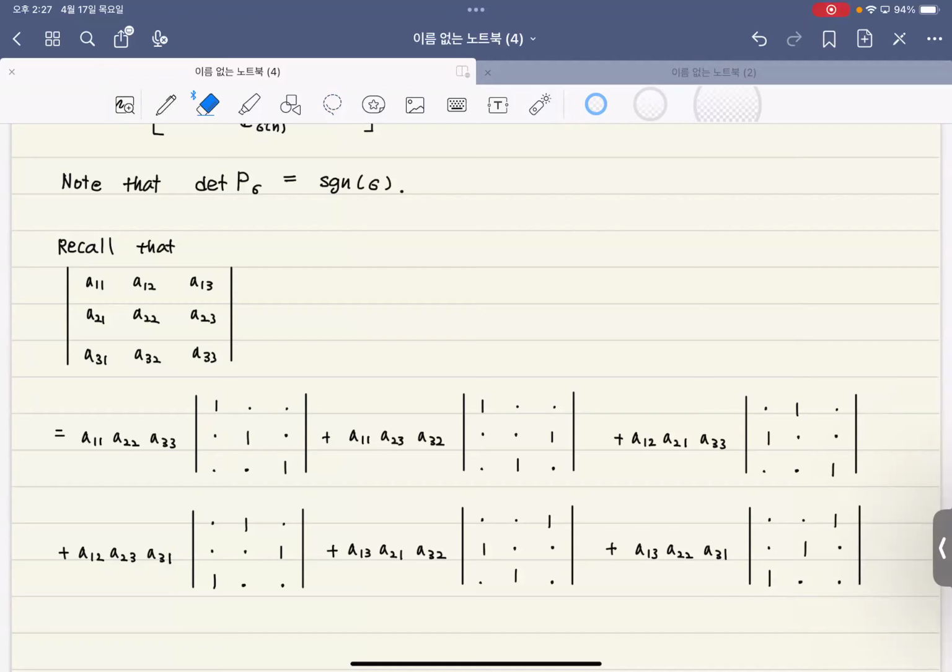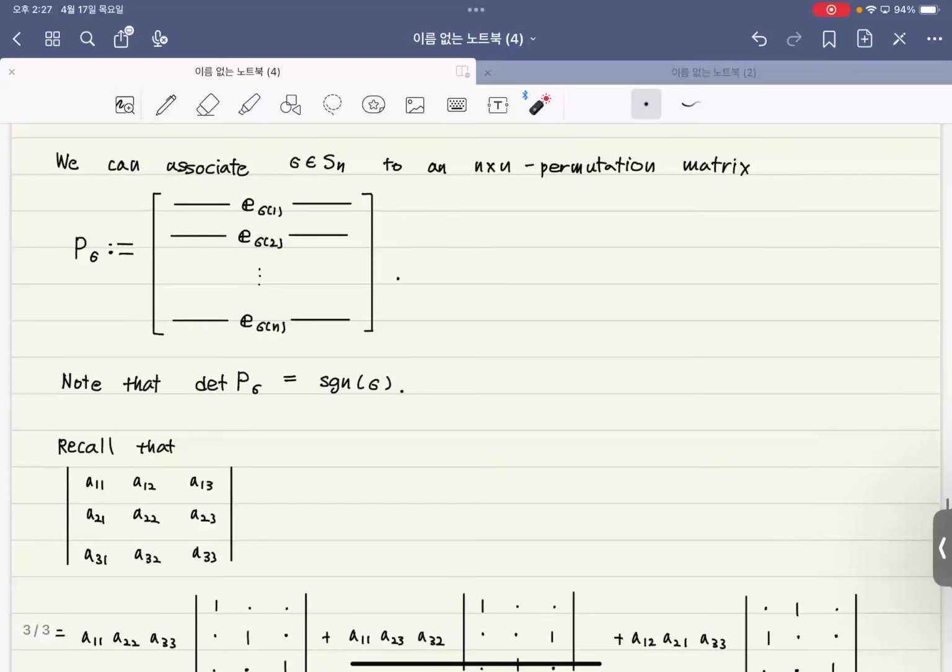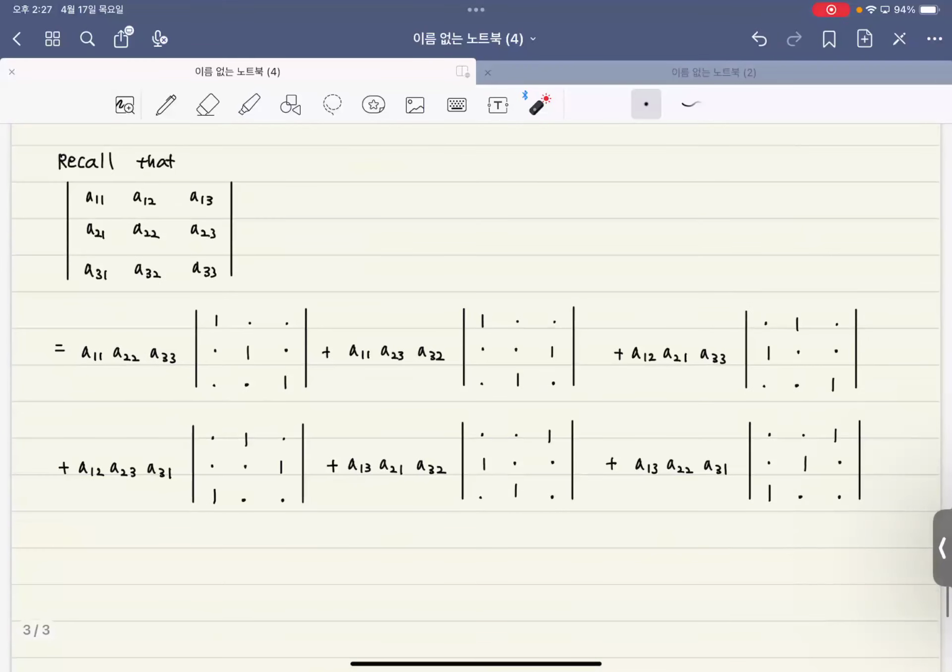And I guess these are precisely the matrices which can be associated to these 3 permutations, right? Okay, and the determinant of each of these matrices is precisely the sign of this permutation, right?